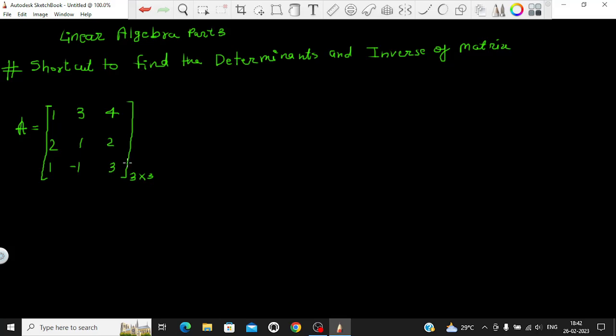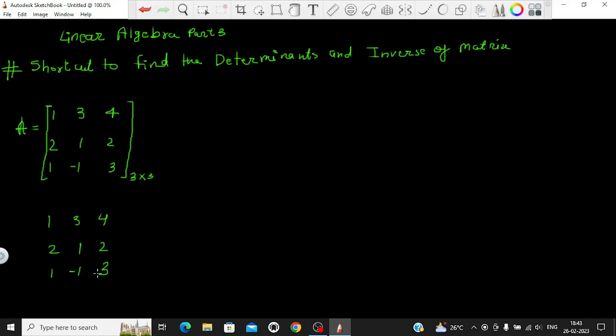Now we want a shortcut to find the determinant of the matrix. So what we will do, we will write all the elements here, like 1 3 4, 2 1 2, 1 -1 and 3.